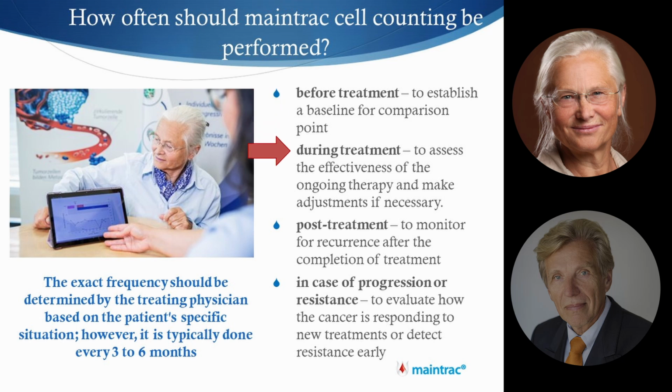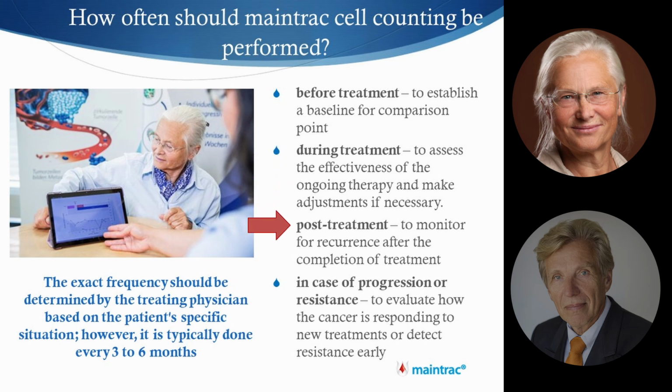Then the numbers of cells during treatment can be counted, and this tells us about the effectiveness of the ongoing therapy. It means if the cell numbers decrease, then this is a sign that the current therapy is effective. And if the cell numbers increase, then adjustments may be necessary of the treatment.